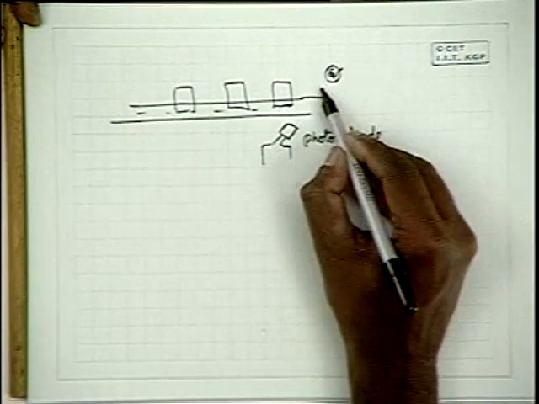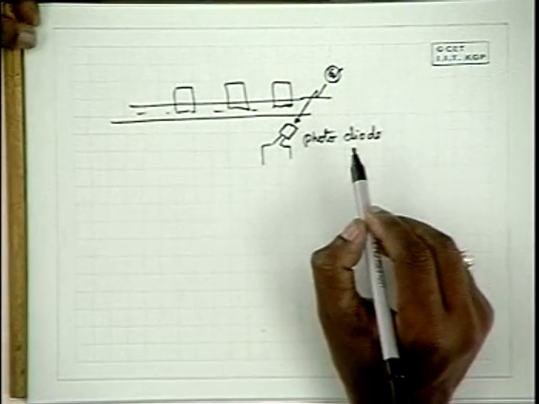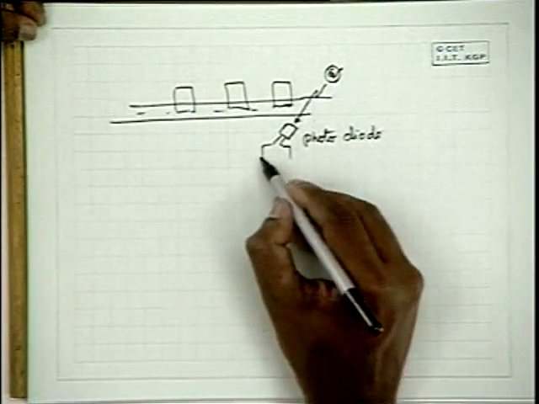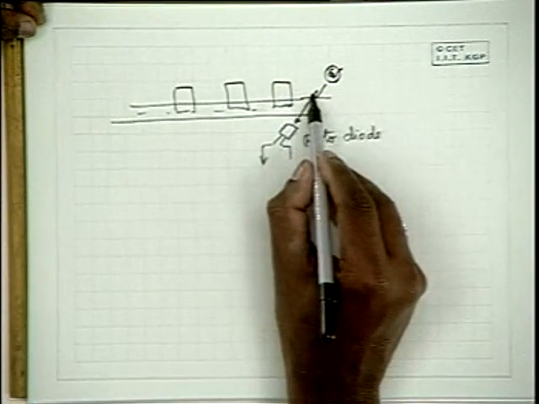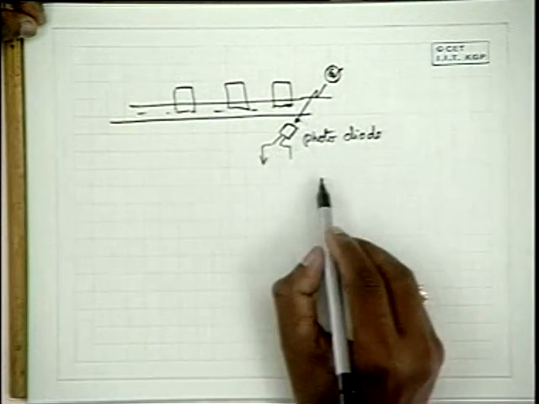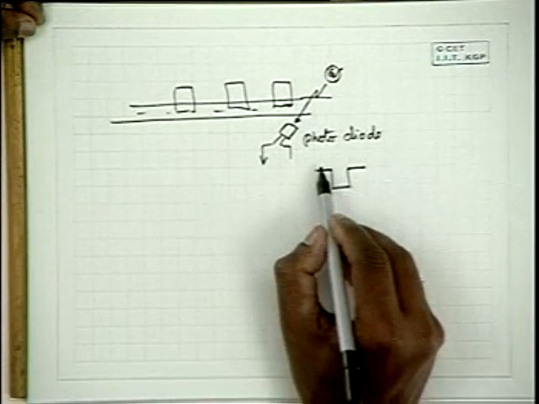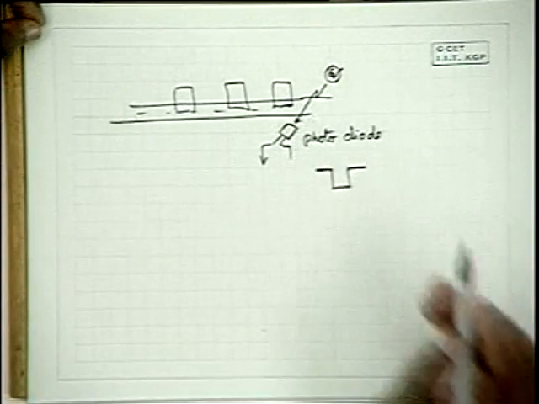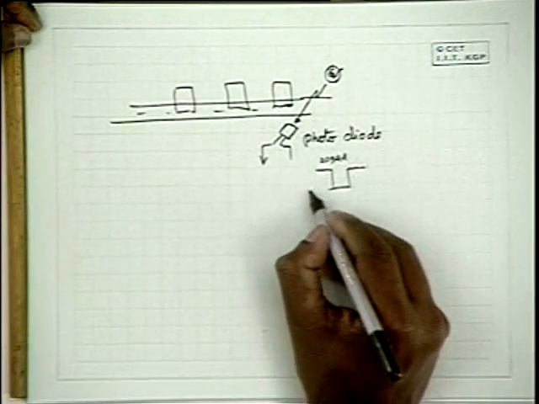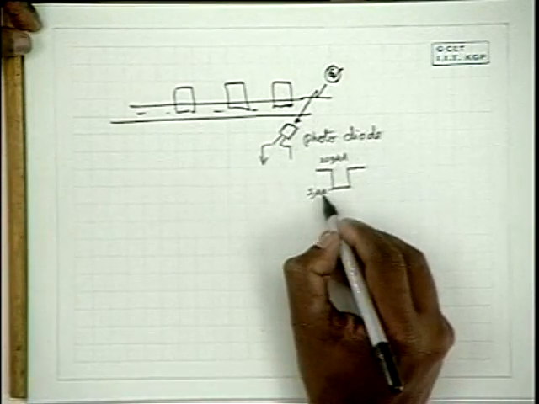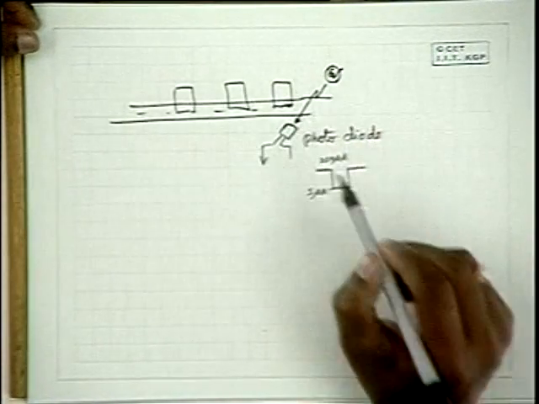Now when there is no obstruction, this light falls on the photodiode and you have current passing through. Now when this unit goes here and obstructs this light, the current goes down from typically, say, 200 microamperes to say 1 microampere, the dark current level, because the light falling on this is obstructed.